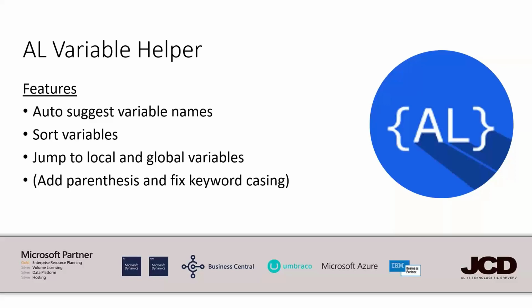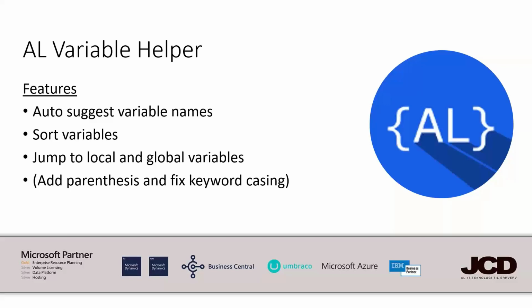Some history from the AL formatter is that the AL formatter had these features to sort variables, depending on if you have local variables and global variables. There is a prefixed sorting of your variables. You have to have, for instance, records first, codeunits, and so forth. This one feature does exactly that and just sorts it so you have a neat presentation of your variables.